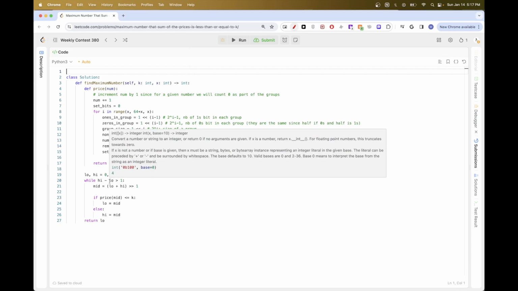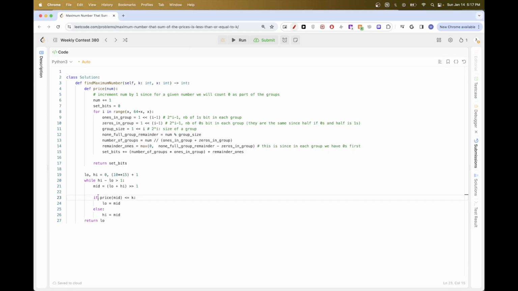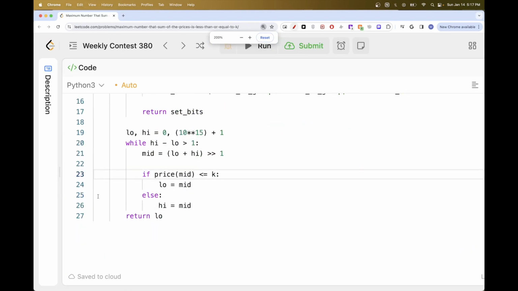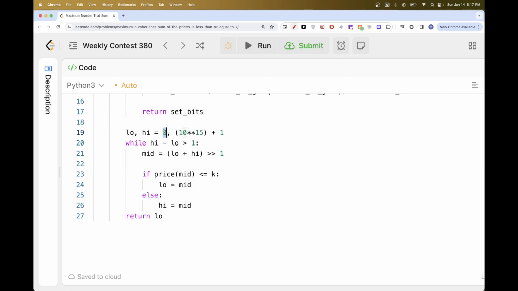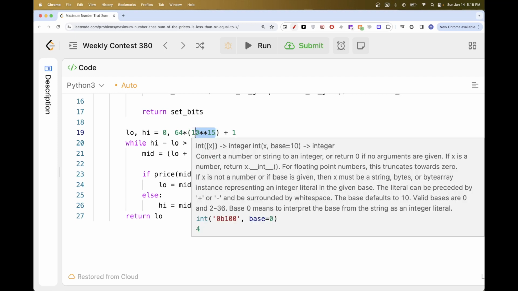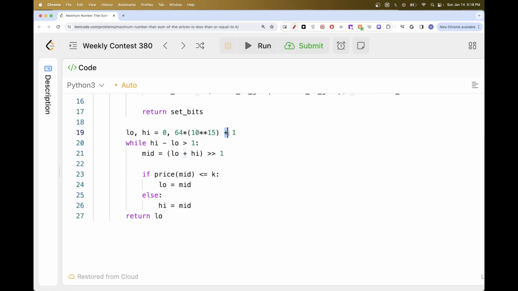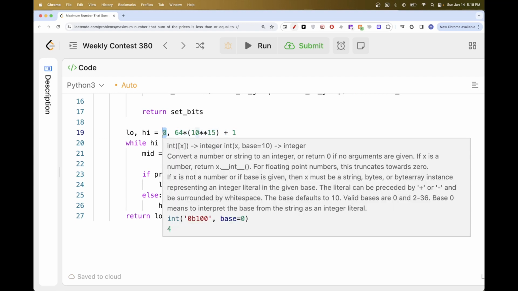Full code here, but I will first explain the binary search solution, and after that explain the price. So we said binary search, we just need to go through the range. Now in the overview I said, just to be safe, we'll do all the binary count multiplied by the upper bound for K, plus 1 just to be outside of the bound, and for low 0, because K is always bigger than 0.